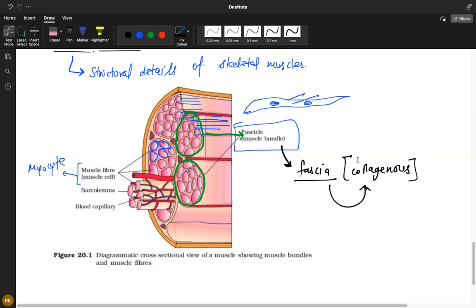Now, next thing, write down. These muscle fibers are also associated with blood vessels. So you can see blood capillaries, right? Sarcolemma. Does anyone know what sarcolemma is?